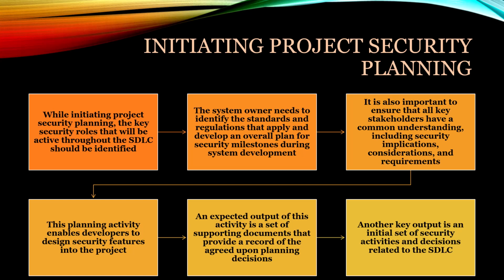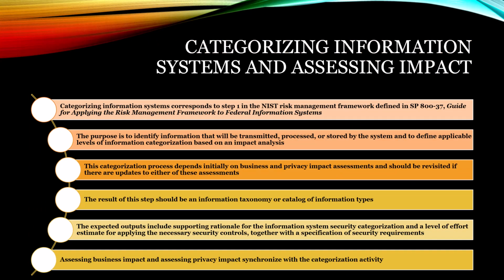We could also categorize information system and assessment impacts. We could categorize the data using a NIST 837. We can identify the purpose to identifying the information. We could categorize the process. We could then check the results, and that should also include how they're going to be handling the information taxonomy or the catalog of informational types.